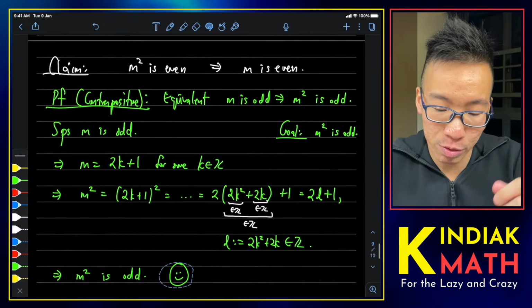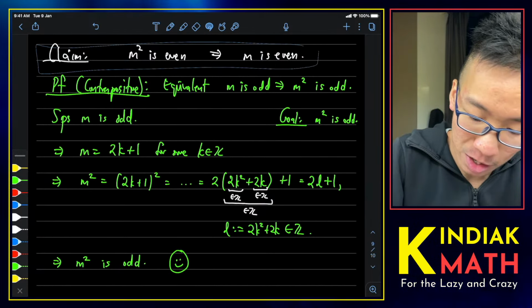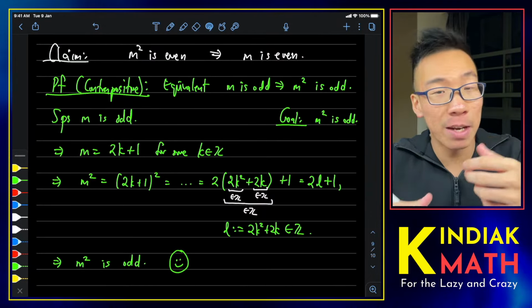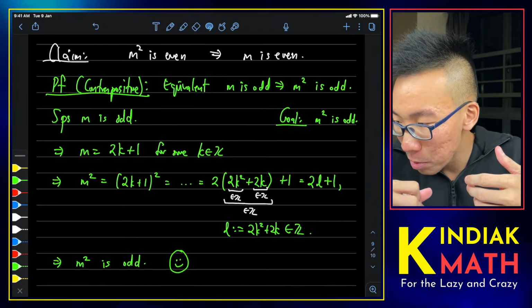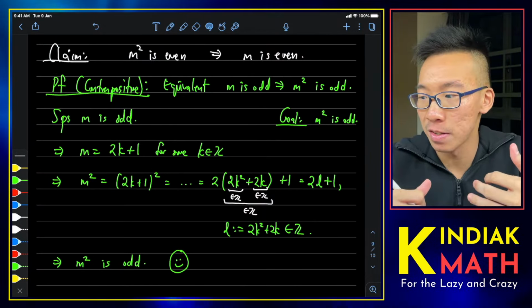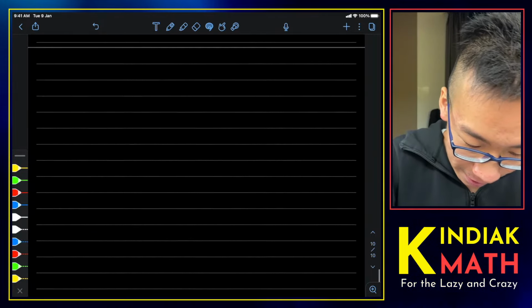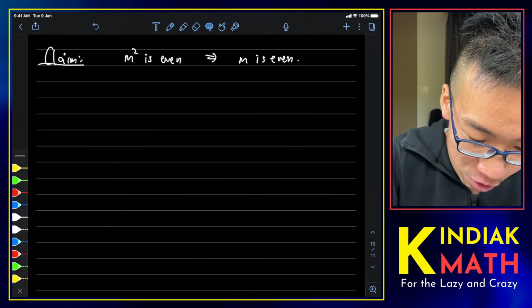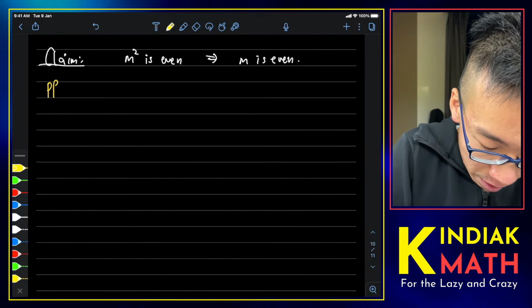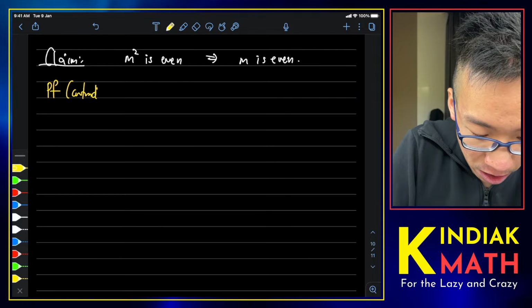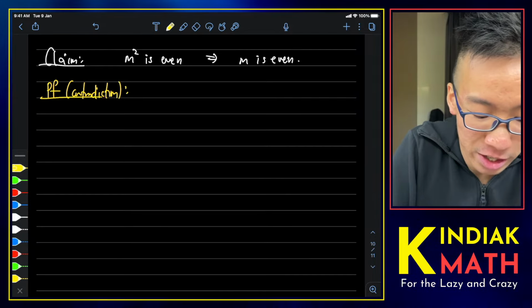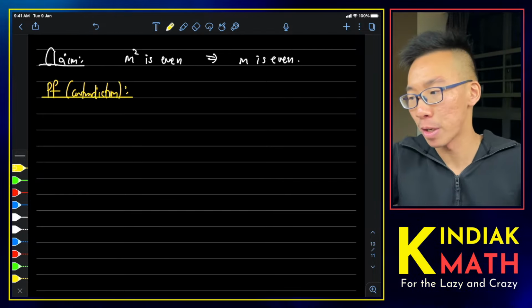Now let's go ahead and prove this by contradiction. You're going to see that sometimes contradiction may come across as more challenging, and there's a reason why. So let's repeat the claim, but now let's prove it via contradiction. But contradiction is overall much more powerful because you have more weapons.